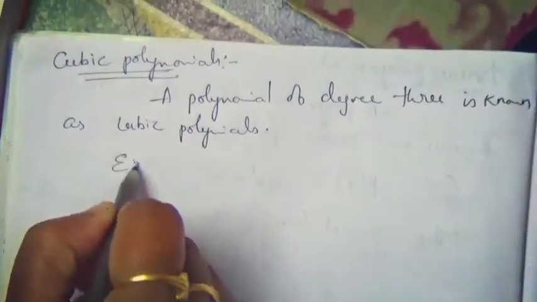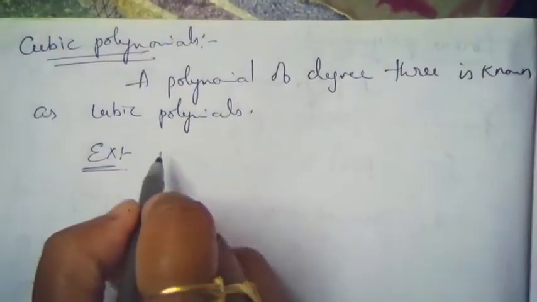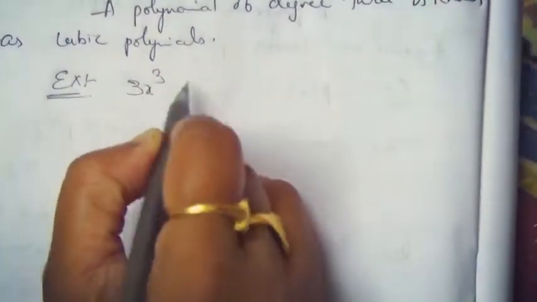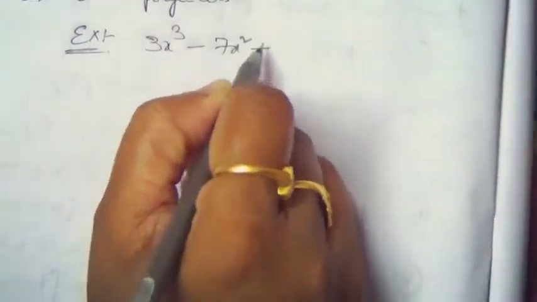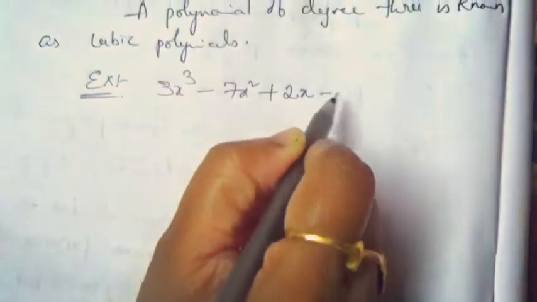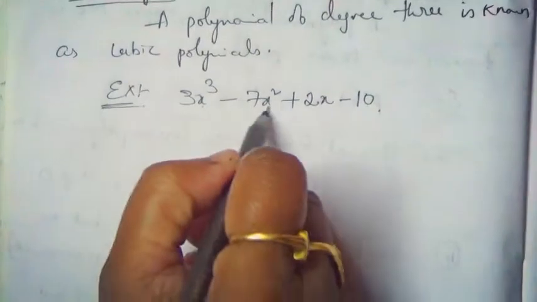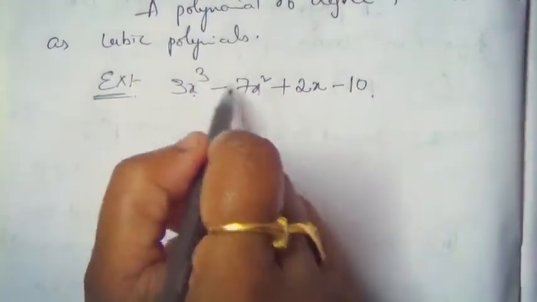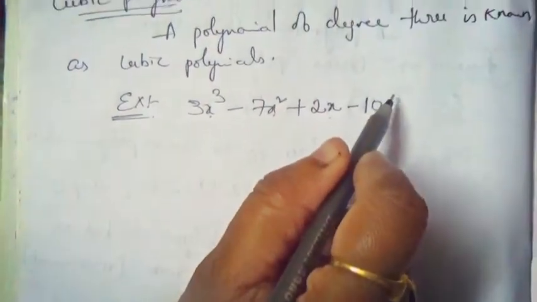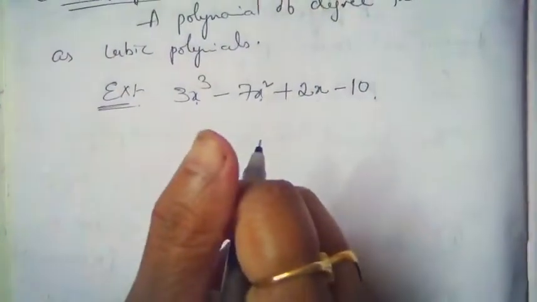For example, 3x cube minus 7x square plus 2x minus 10. What is the highest degree of all these? x cube, x square, x to the power of 0. The highest degree is 3. Hence it is a cubic polynomial.